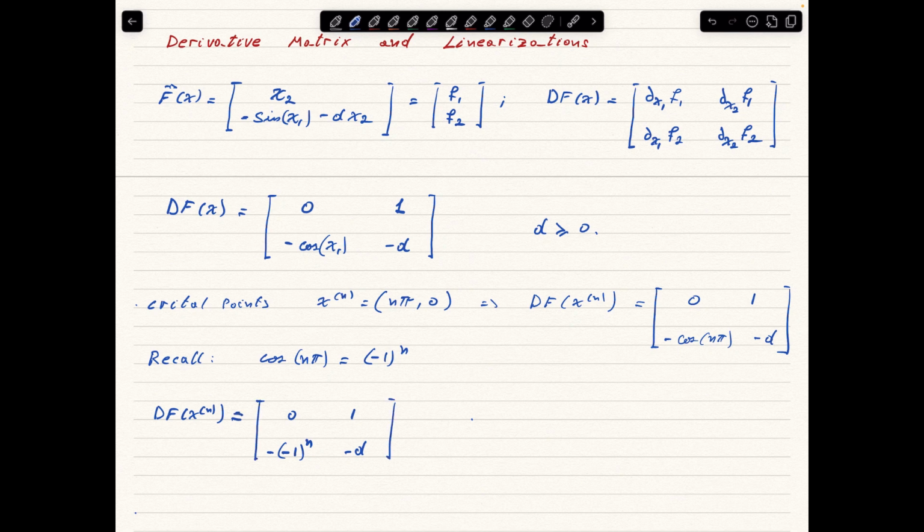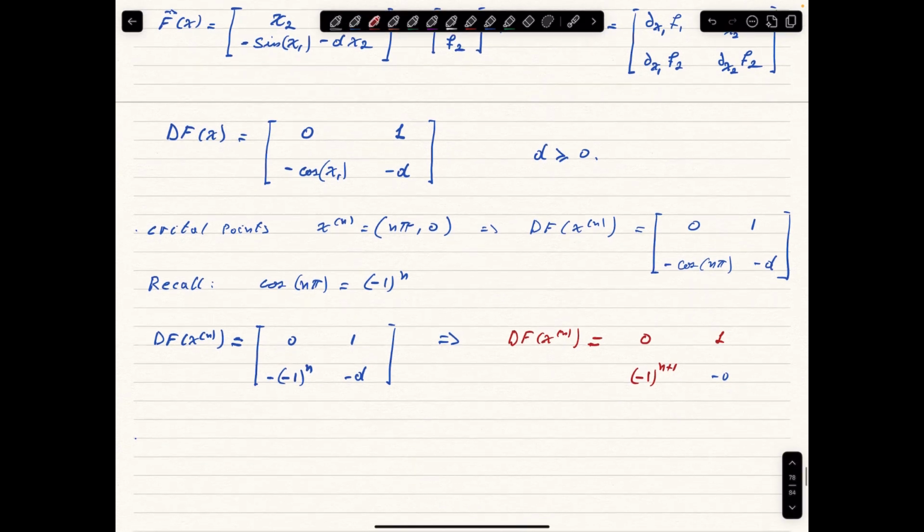Let's write it down in a slightly better way. This is our final expression for the derivative matrix: 0, 1, negative 1 to the power n plus 1, because there was an extra negative sign here that adds up to the power, negative d.